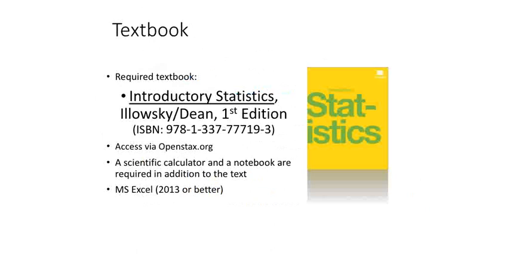The required textbook for this course is Introductory Statistics by Olowski and Dean, first edition. It's accessed for free via the site openstax.org, and the link to the textbook is provided in every module as well as on the home page when you first enter the Canvas course. I ask that you have a scientific calculator and notebook to help you through the course.